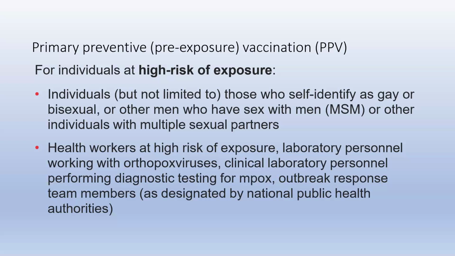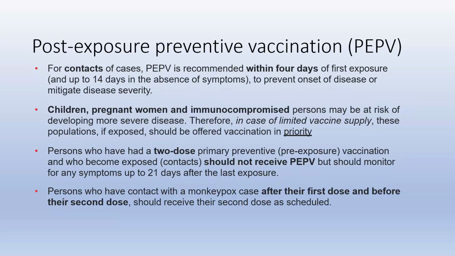And also healthcare workers and laboratory personnel who are taking care of patients infected with Mpox, and also personnel involved in the outbreak response. These are also people at high risk and can be considered for primary preventive vaccination.